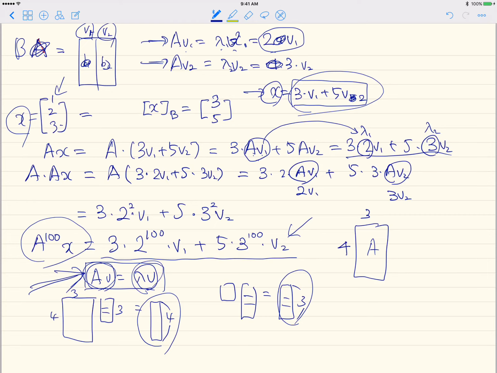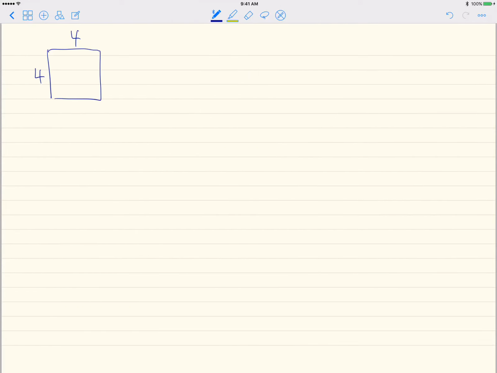Back to this 4 by 4 matrix. In terms of the number of eigenvalues, the maximum possible number of eigenvalues will be 4. Consider the case where we have 4 different eigenvalues.